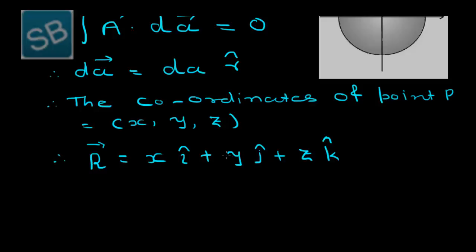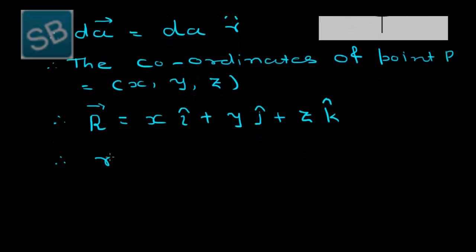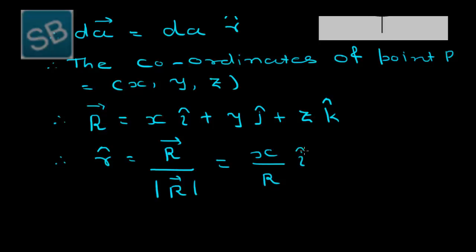And now you have to find the value of the unit vector r cap. For that I have the direction and the magnitude. Therefore r cap is equal to the vector upon its magnitude. So the value is x over r i cap plus y over r j cap plus z over r k cap.